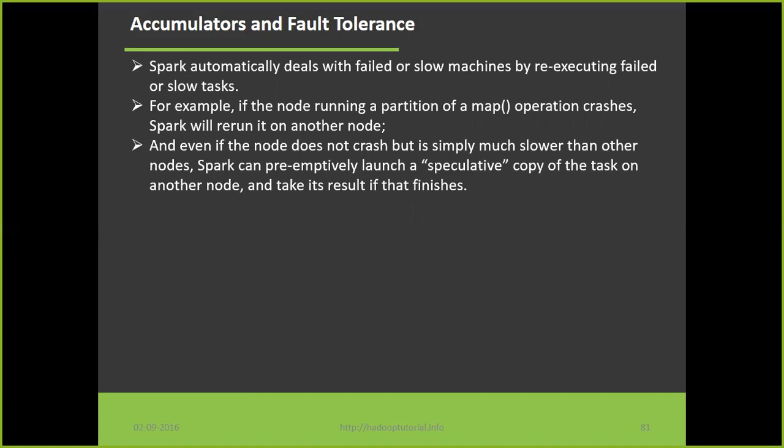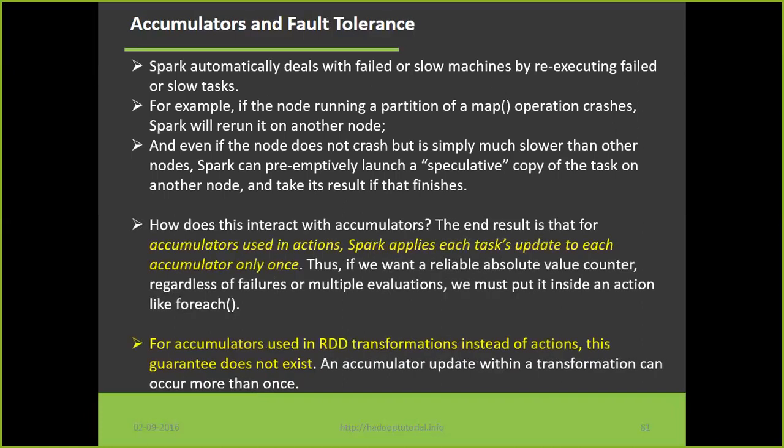If a task fails and gets relaunched again and again, then there is no guarantee that you get exactly the correct value. But if you use an action, then internally it maintains this somehow and you will get the proper value there. Okay.